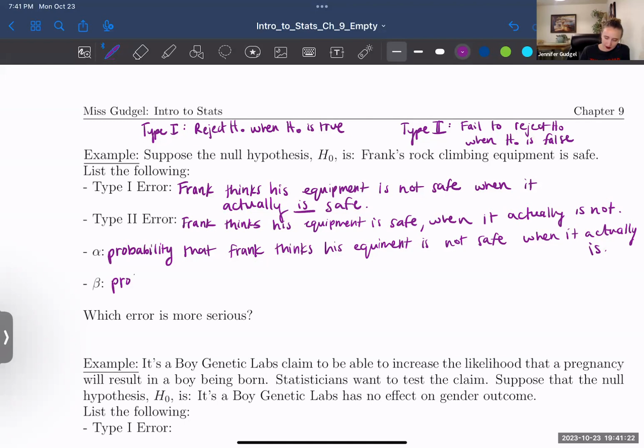And the beta is the probability of a type 2 error. So probability that Frank thinks his equipment is safe when it isn't.